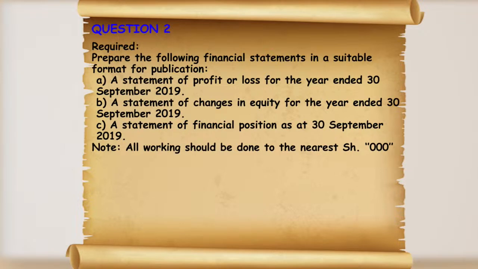We are told all workings should be done to the nearest 1,000 shillings. So basically that question was requiring the preparation of 3 components of published financial statements: statement of profit or loss, statement of changes in equity, and a statement of financial position.